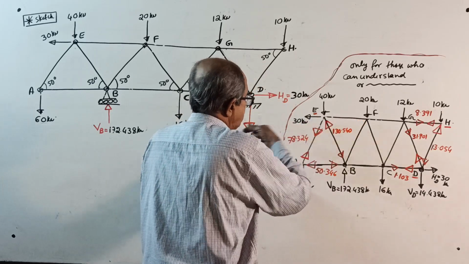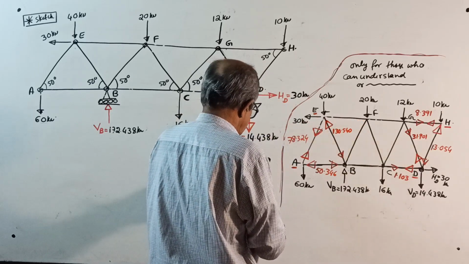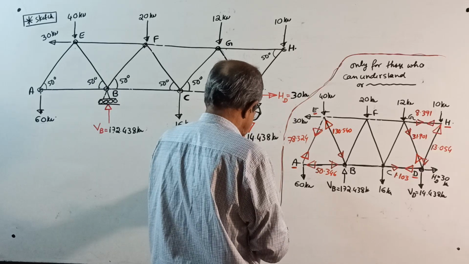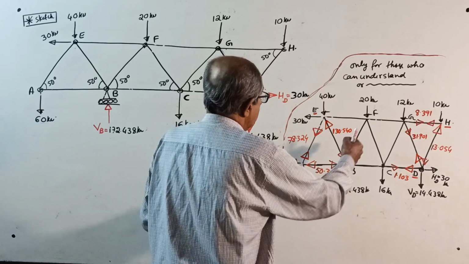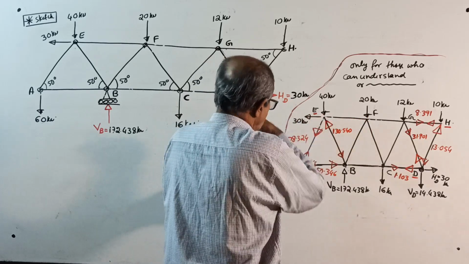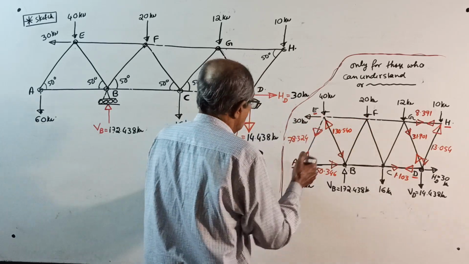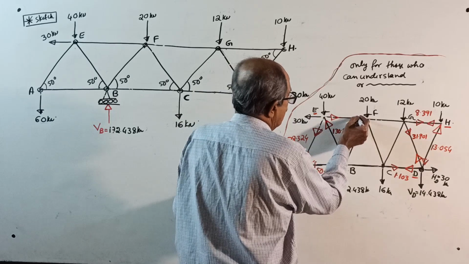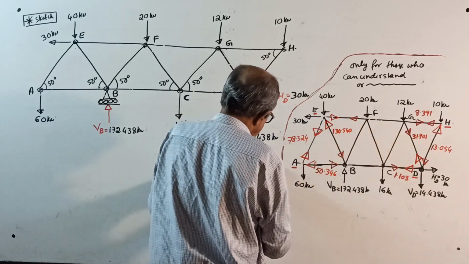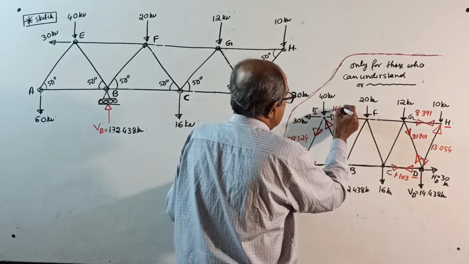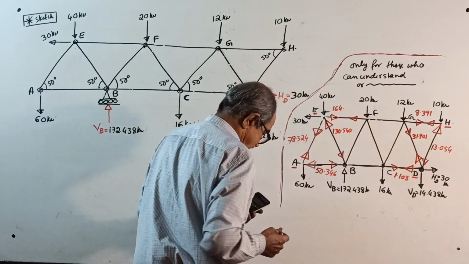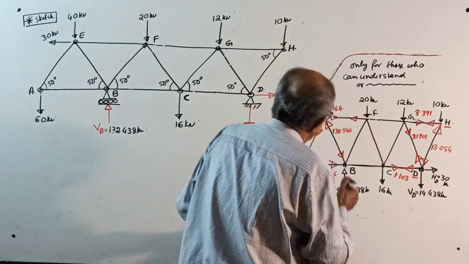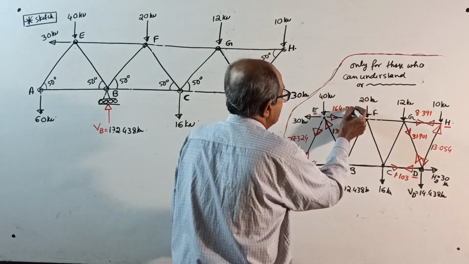Plus this also has a left component, 78.324 into cos 50. Together it will give you 134 this way, another 30 more here, plus 30 more to balance all. In resolution, I require a right side force here of 164.255.